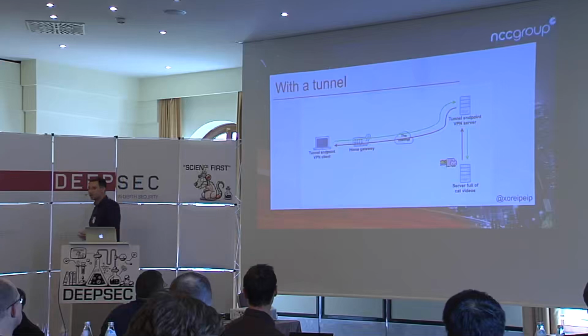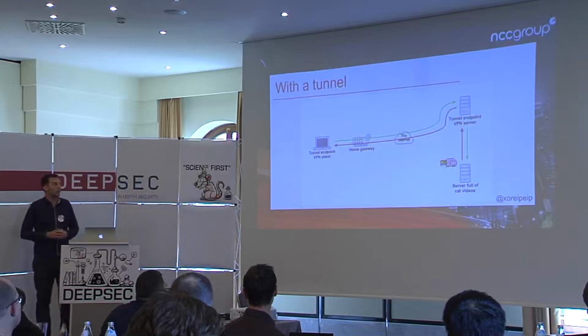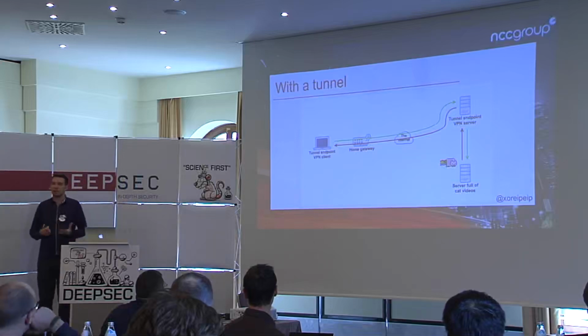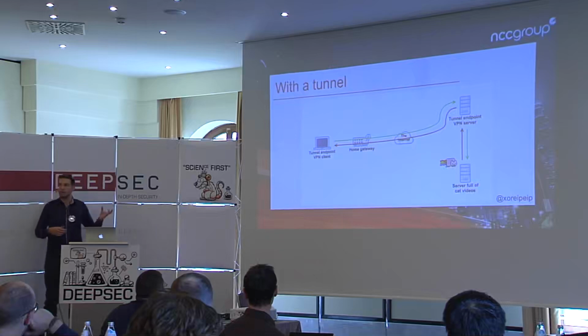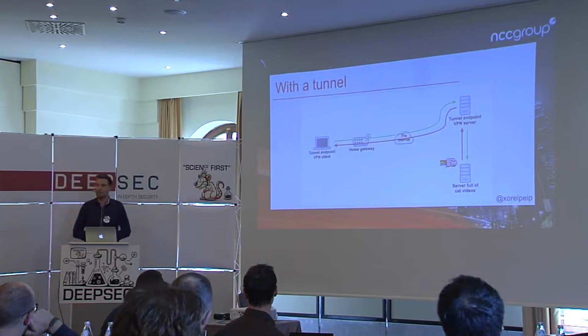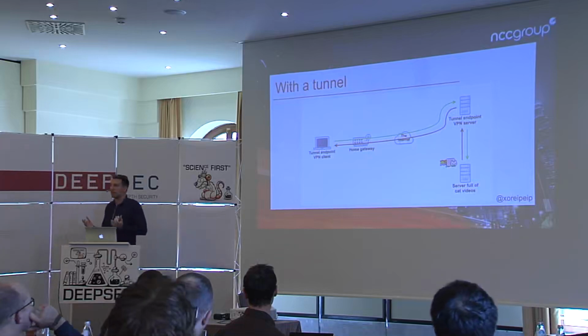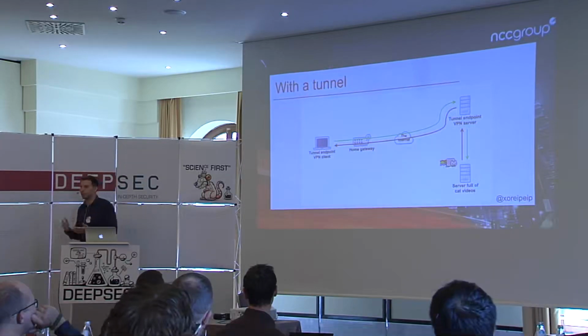But if you are using tunnels or VPNs, then usually your data is encrypted, and you have a dedicated connection between your two endpoints, your computer and your VPN server on the top right-hand side. You send everything over that connection.